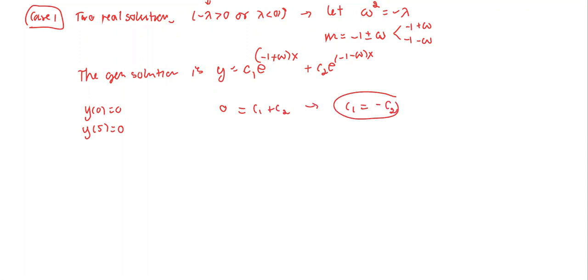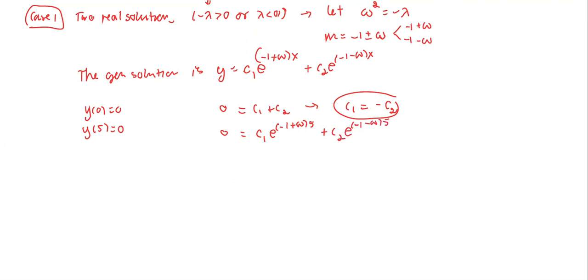For y at 5 equals 0, this is kind of the messy part: c1 e to the negative 1 plus omega times 5 plus c2 e to the negative 1 minus omega times 5 as well.